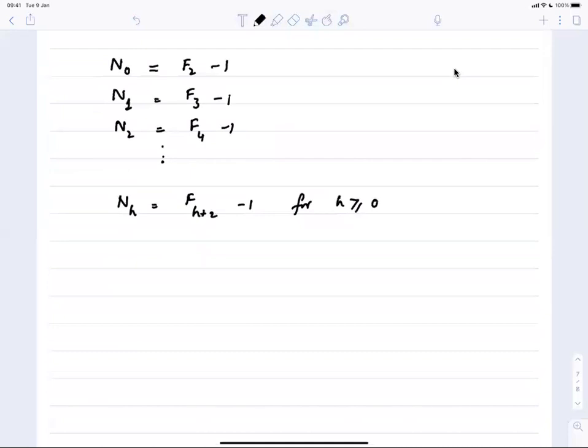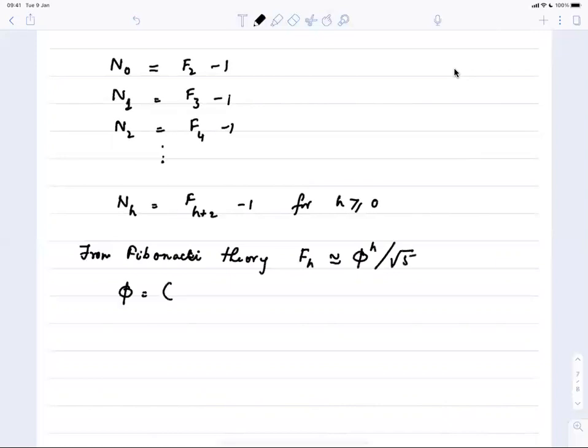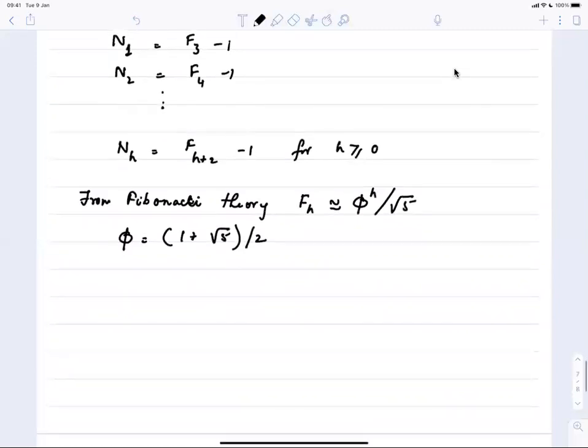From Fibonacci theory, Fh can be approximated by what is called the golden ratio to the power of h divided by root 5, where phi is equal to (1 plus root 5) divided by 2. So Nh can therefore be approximated by phi to the power h plus 2 divided by root 5, minus 1.